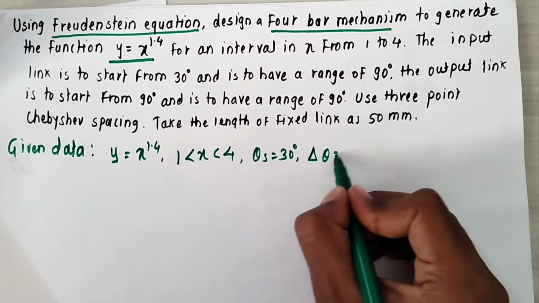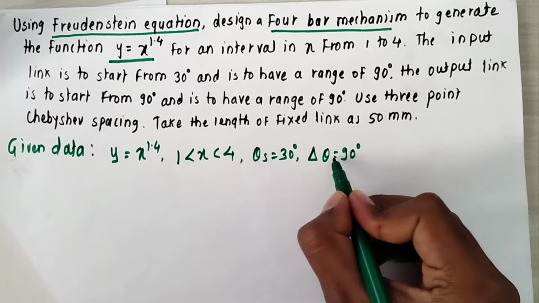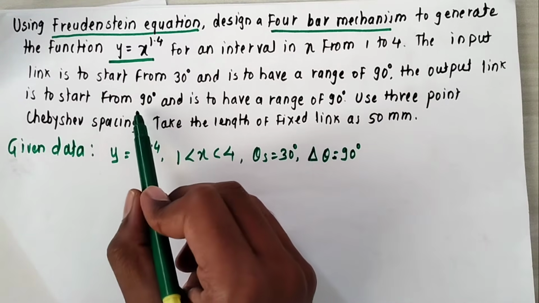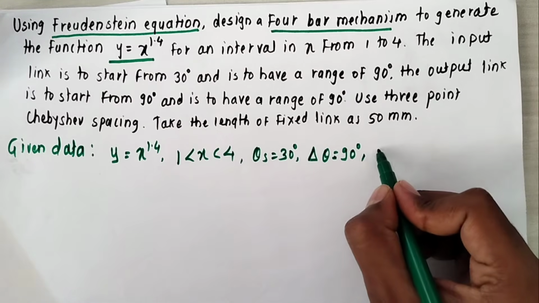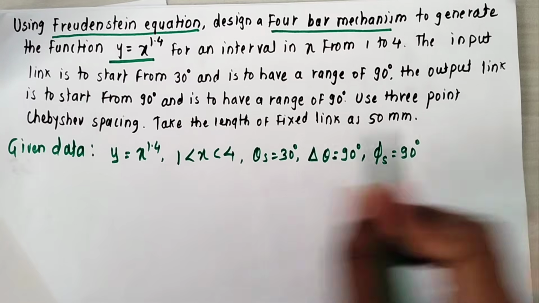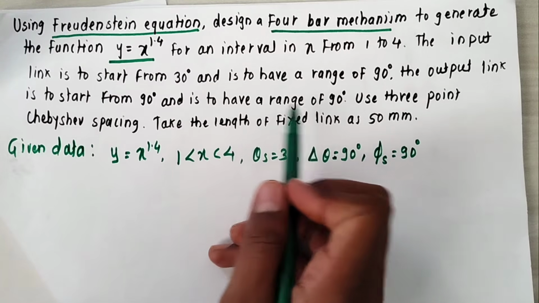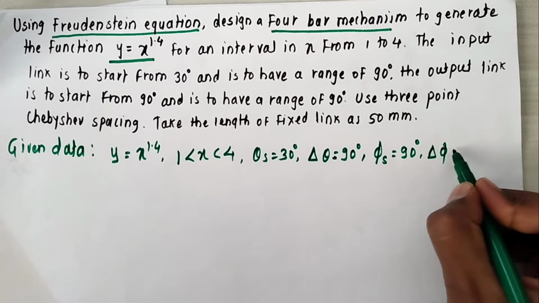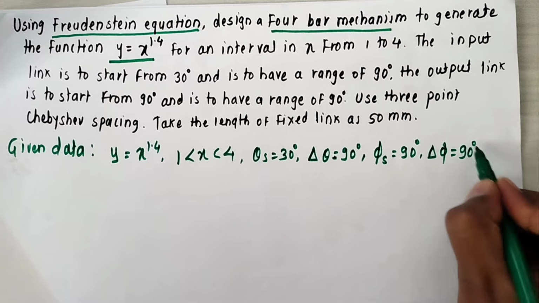So delta theta is equal to 90 degree. Next, the output link is to start from 90 degree. So for the output link, phi, the starting angle is 90. So phi s is equal to 90 degree, and it is to have a range of again 90 degree. So delta phi, that is the range of the output angle phi, is equal to 90 degree.